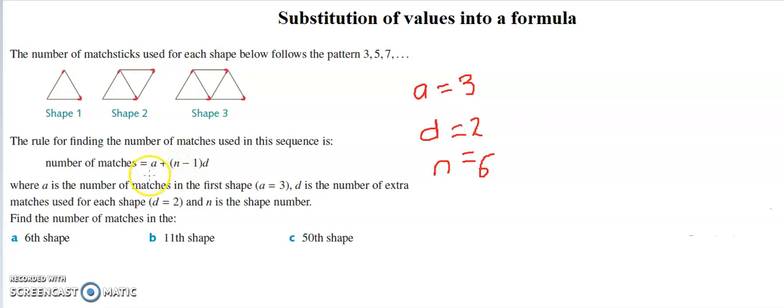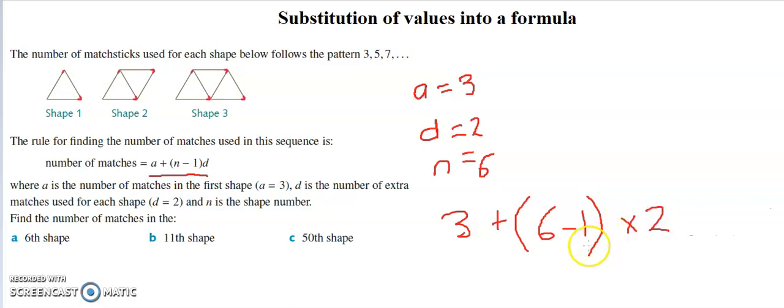We just need to put it into our equation. So A is 3 plus, in brackets, N, which is 6, minus 1, times D, which is 2. So 6 minus 1 is 5. 5 times 2 is 10. 10 plus 3 is 13. So our answer is 13.